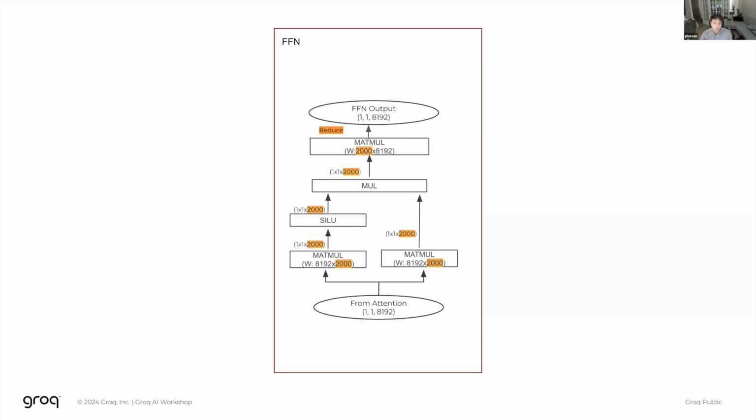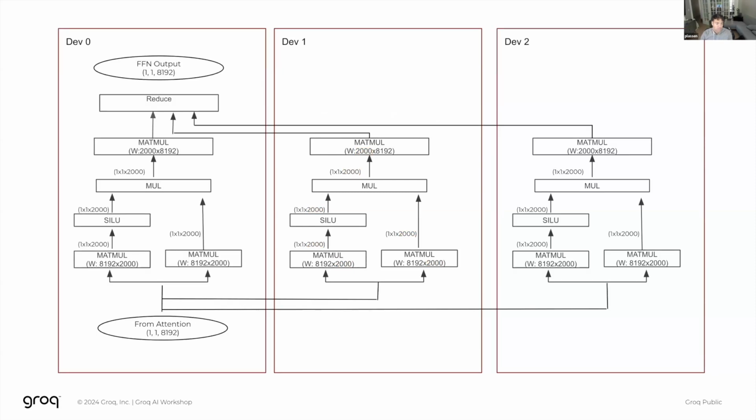So a better view of this is this multi-device view. So we have the output from attention. We pass that to device 1 and device 2. It was already on device 0. From there, we run our subgraphs, and here we can see the fact that we only have to work on a third of the data.